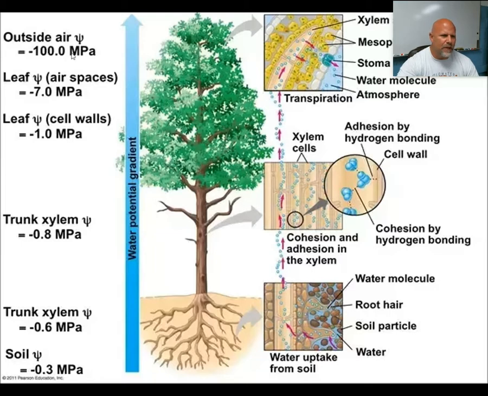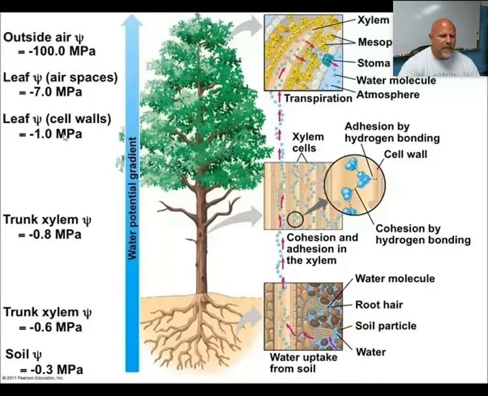And you can see over here, the outside air has a water potential of negative 100 megapascals. This is just 10 times what bars would be. So this would be like negative 1,000 bars. The leaf would be like negative 70 bars.